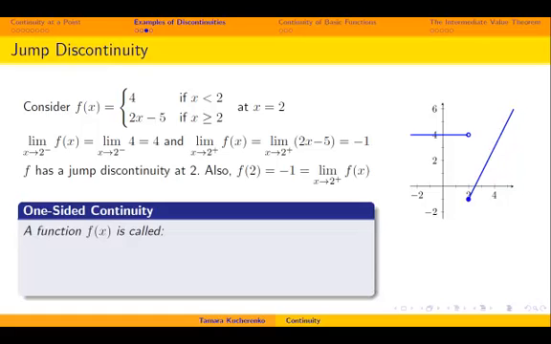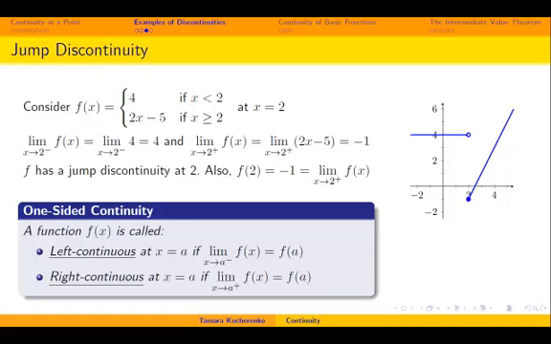A function f of x is called left continuous at x equals a if the limit of f of x when x approaches a from the left equals f of a, and is called right continuous at x equals a if the limit of f of x when x approaches a from the right equals f of a.